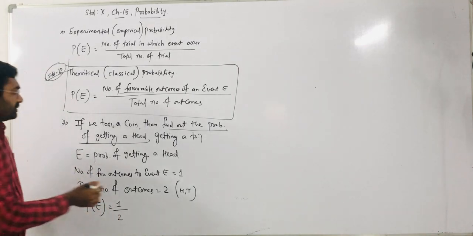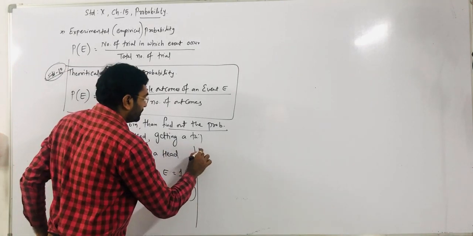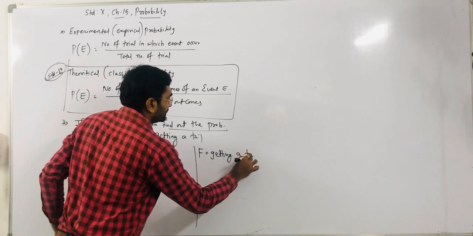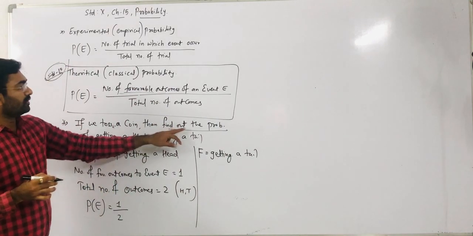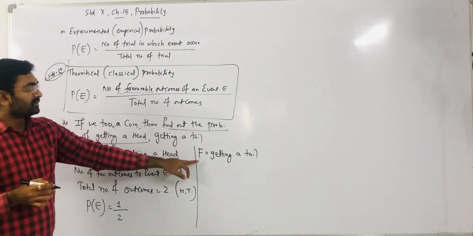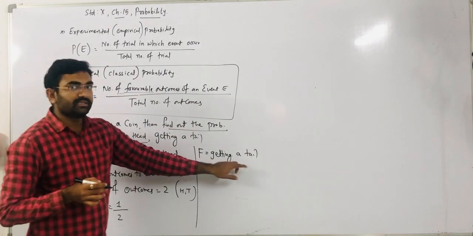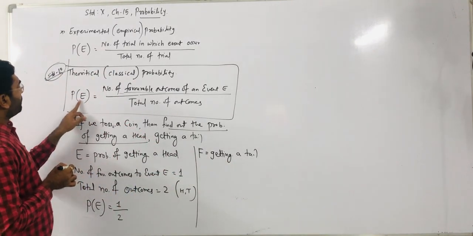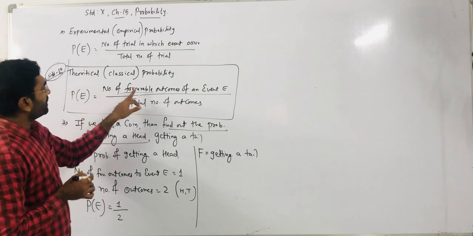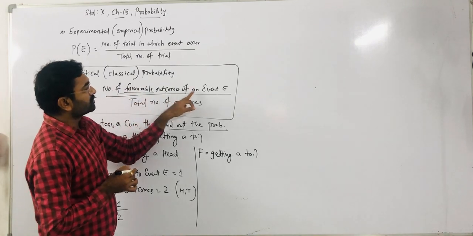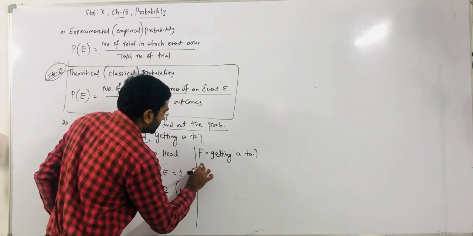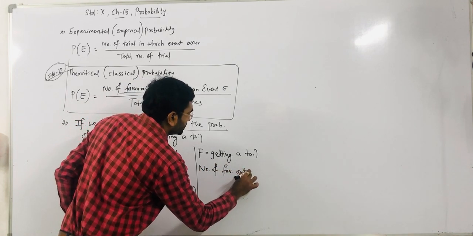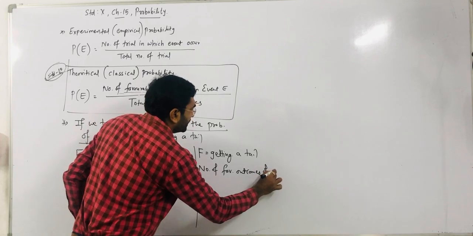Same way, suppose I take F as an event, which is getting a tail. We have to find out the probability of getting a tail. As per the formula, in the numerator what do we write? The number of favorable outcomes of the event.